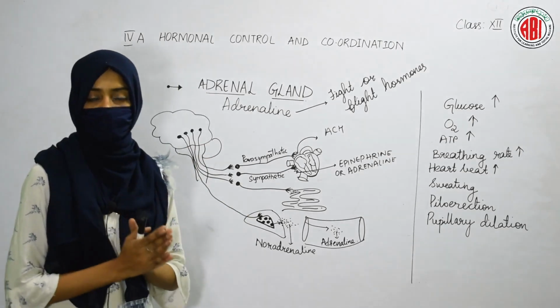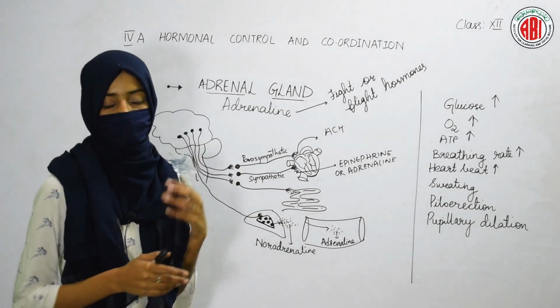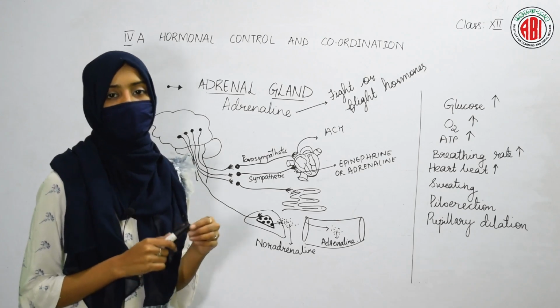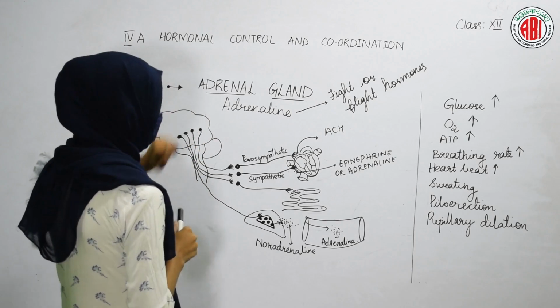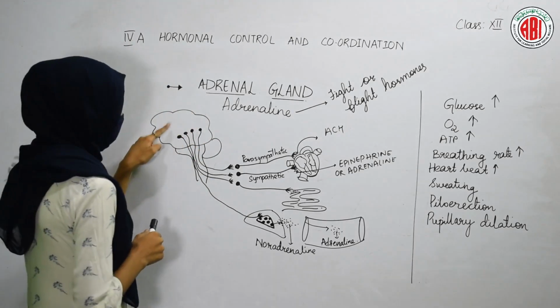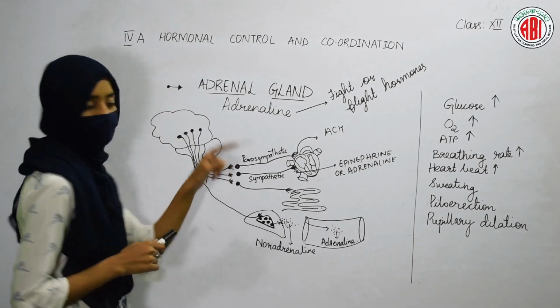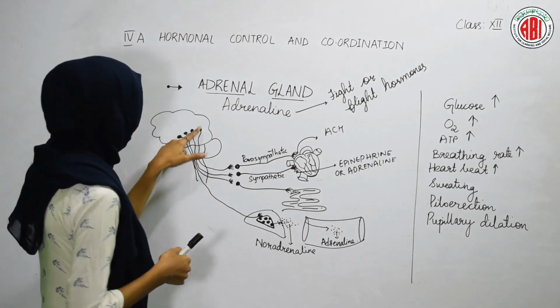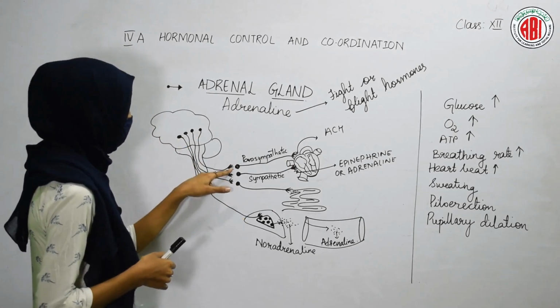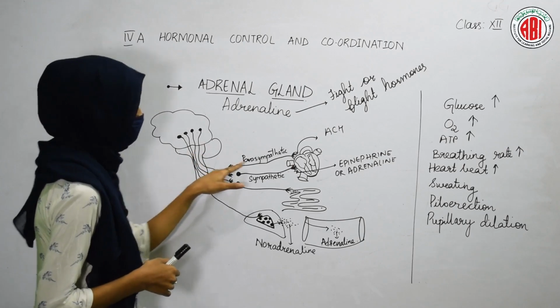It is getting secreted by the pituitary gland only, because the pituitary gland is a master gland that helps in influencing the secretion of adrenaline hormone. So here from the brain, the nerves are coming, they carry the information, and this nerve transmits the nerve impulse to another one.